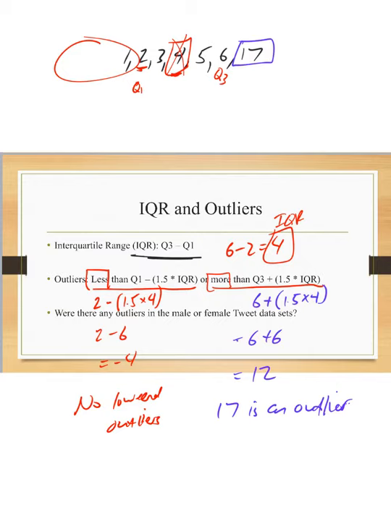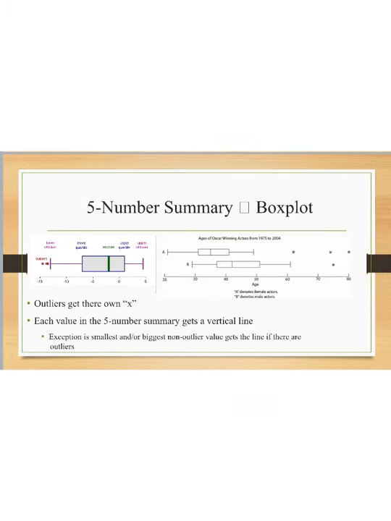Now the way this shows on a box plot, just to give a little example here, is here's a couple different types of box plots. This is what's called a modified box plot, and this is what we will use consistently this year. A modified box plot just separates out the outliers. So the outliers get their own X or their own asterisk or their own dot or whatever it may be.